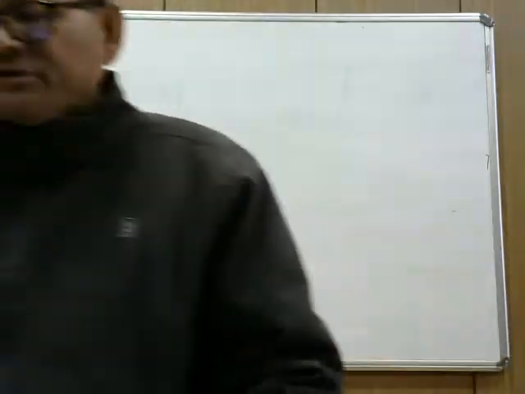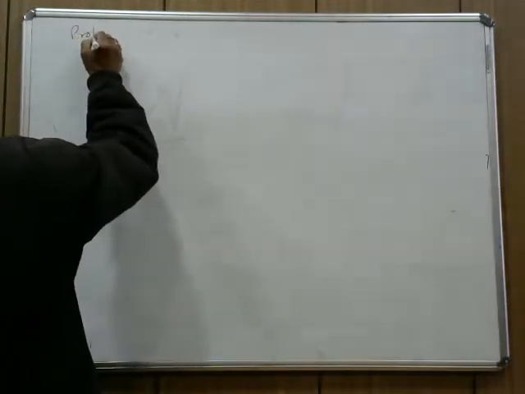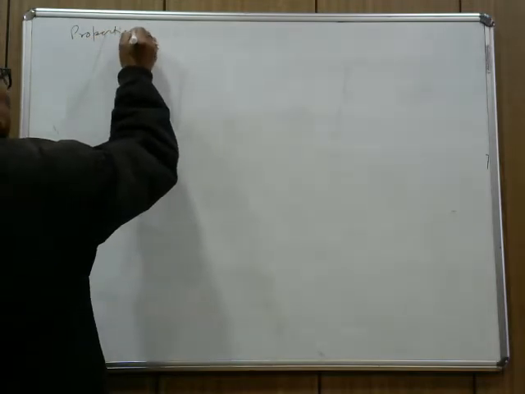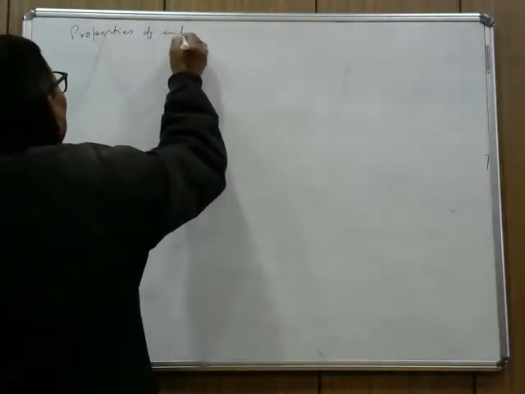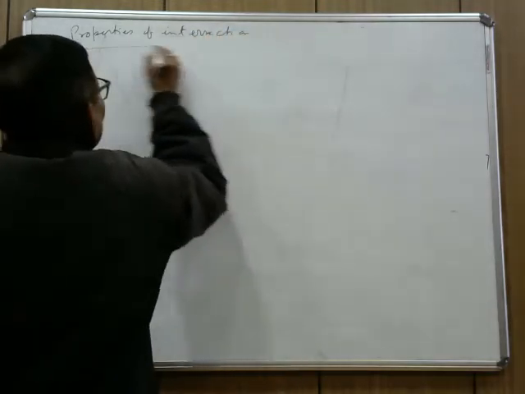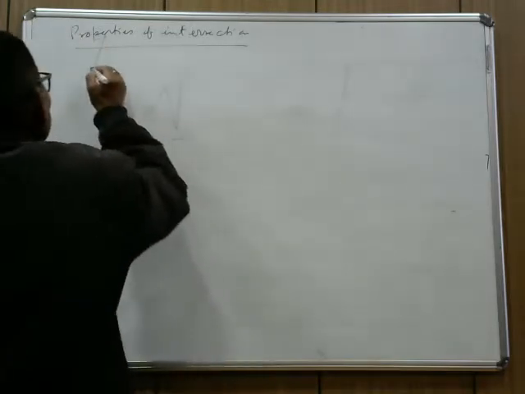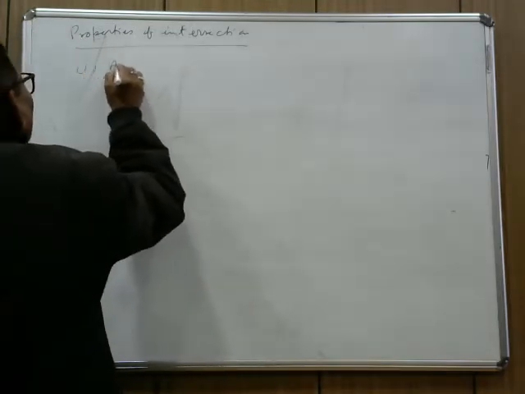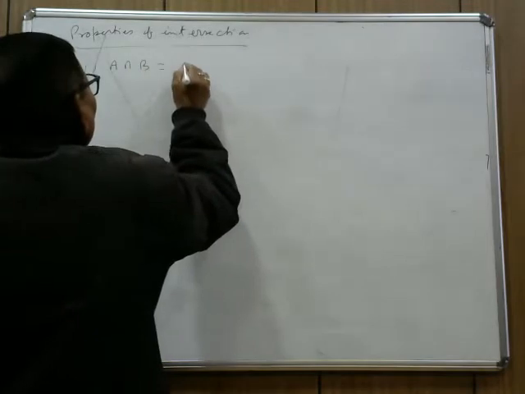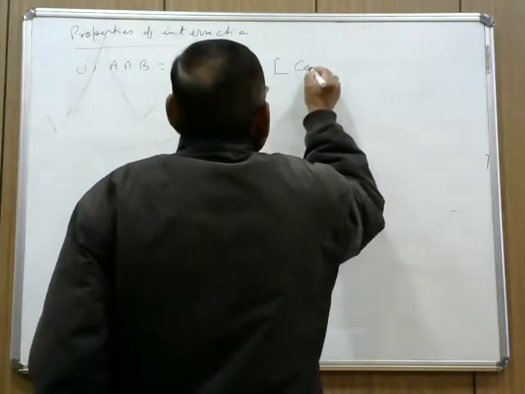Now, properties of intersection. First property, A intersection B equal to B intersection A. This is called commutative law for intersection.